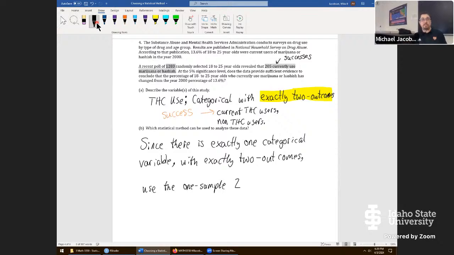We call these the Z procedures because that reminds us this is now based on the normal distribution. I'll call this Z methods, only because the course is called statistical methods, so it just sort of makes sense.